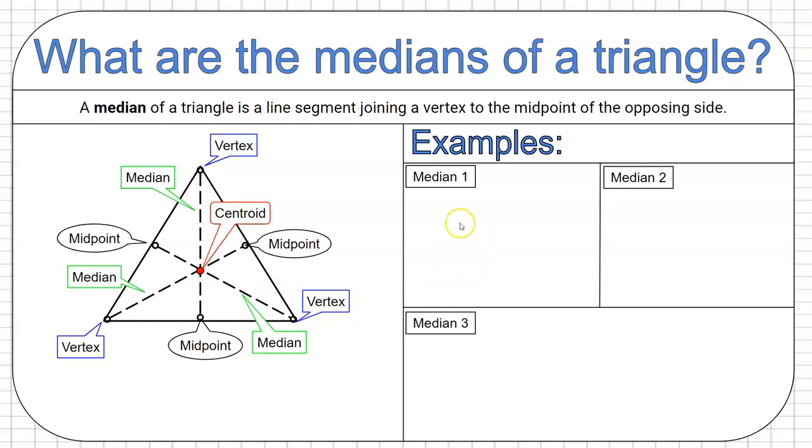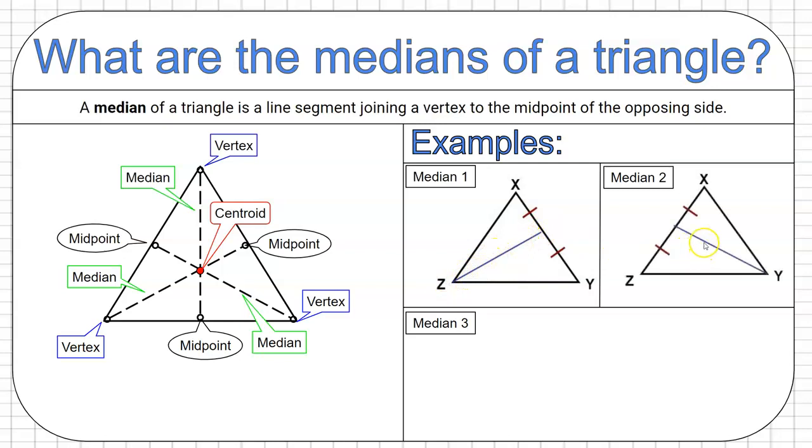Now we can take a look at an example of three more medians on a triangle. So here we have triangle XYZ, and we have the vertex Z right here, which will be connected to the midpoint over here. As you can see, the median is already drawn in.